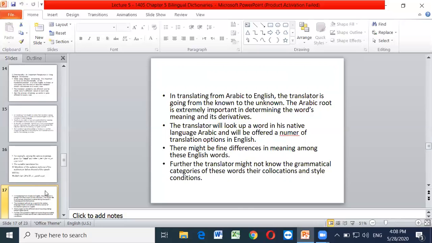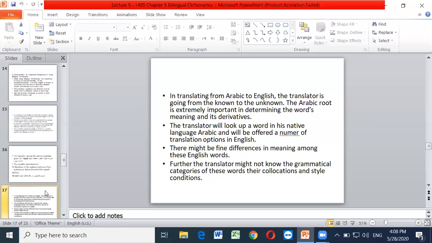Now, the question becomes, which word will the translator select from all these words? Because there might be very fine, subtle differences in meaning among these English words.